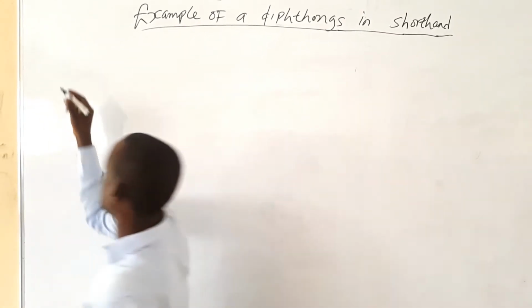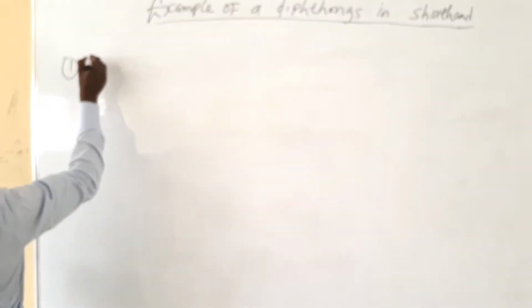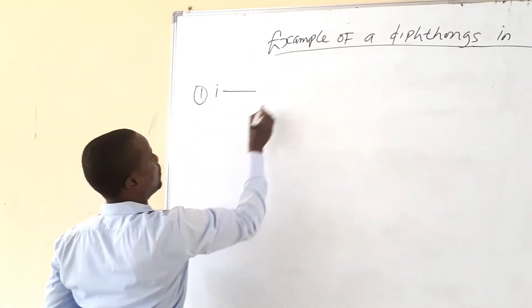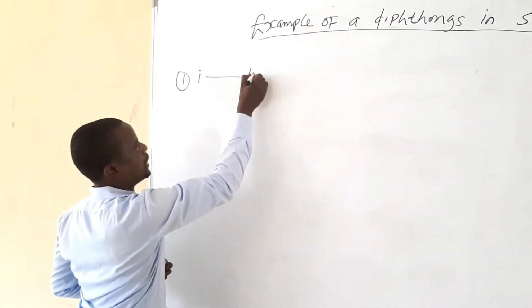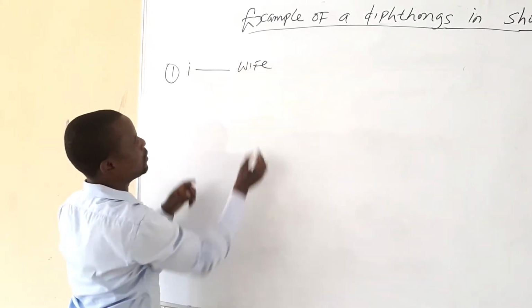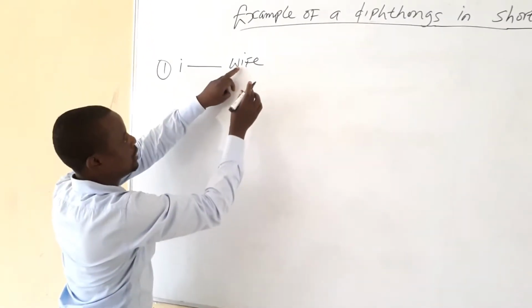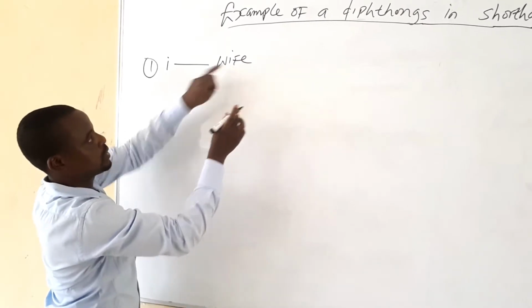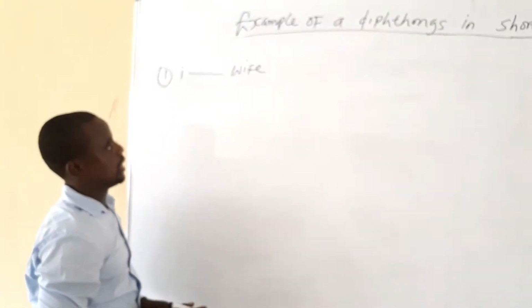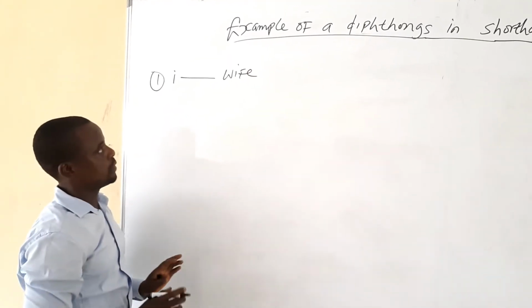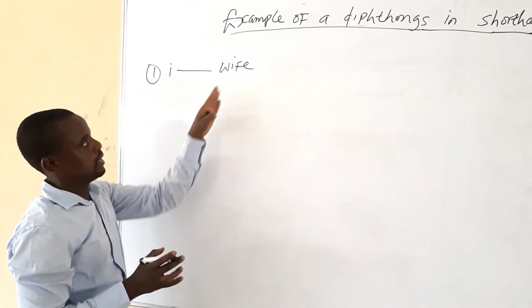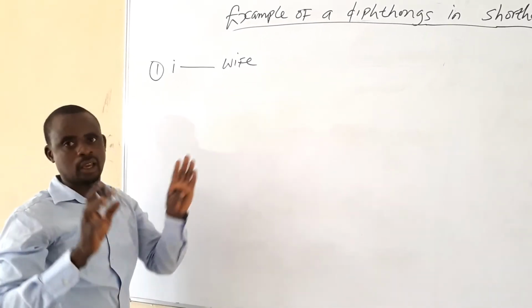Let us start with number 1, which is diphthong I. So now, if you have been asked to write wife in shorthand, the vowel here is I. Now it is the first vowel or diphthong that, as always said, determines the outline in a word.